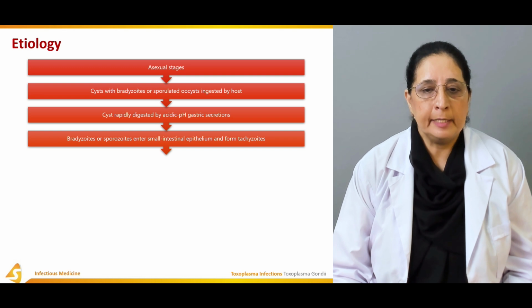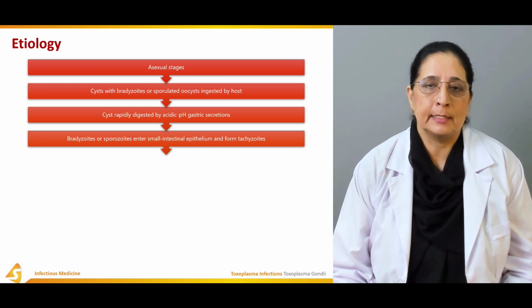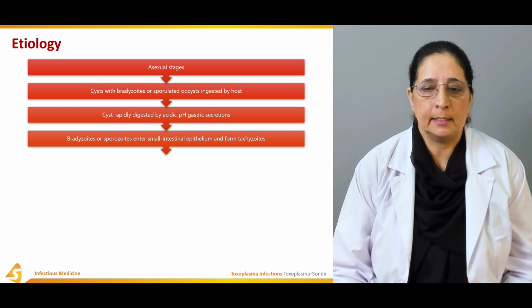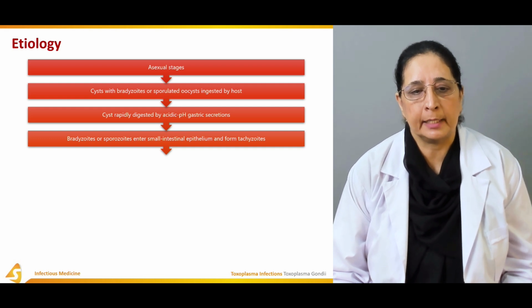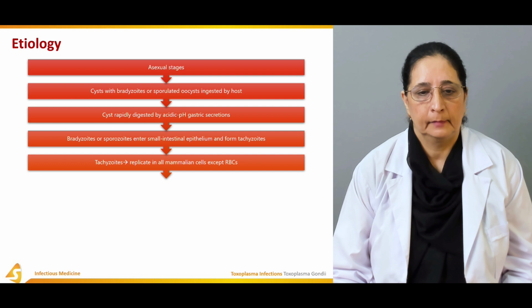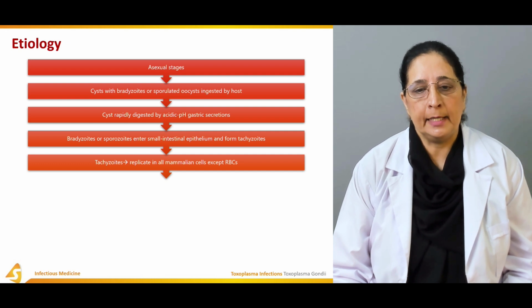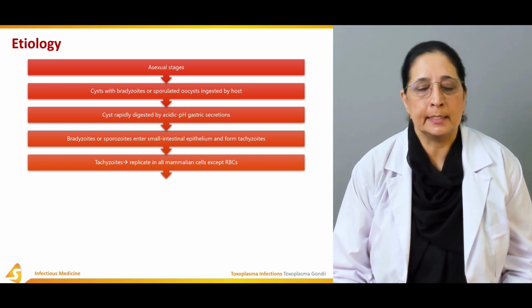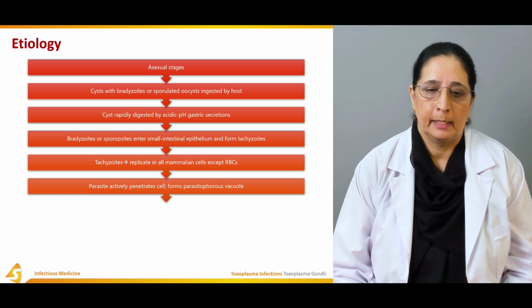Then bradyzoites or sporozoites enter the small intestinal epithelium and form tachyzoites. Tachyzoites replicate in all mammalian cells except red blood cells.